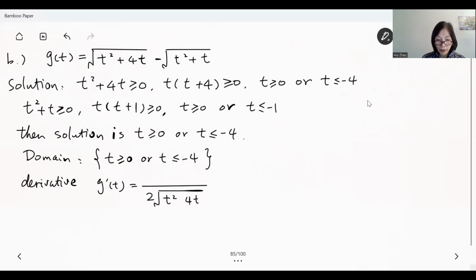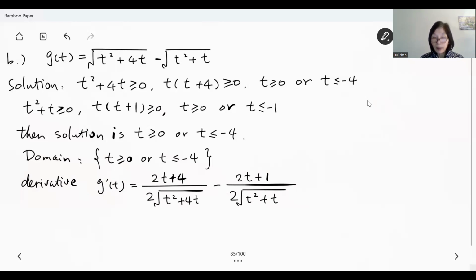For t squared plus 4t, the derivative is 2t plus 4, so 2t plus 4 in the numerator. And similarly, for the second term, the denominator is 2 times the square root of t squared plus t. The derivative of the inside function is 2t plus 1, right?